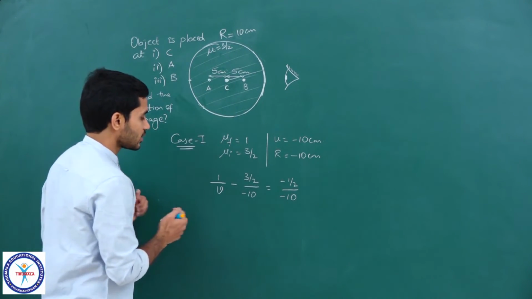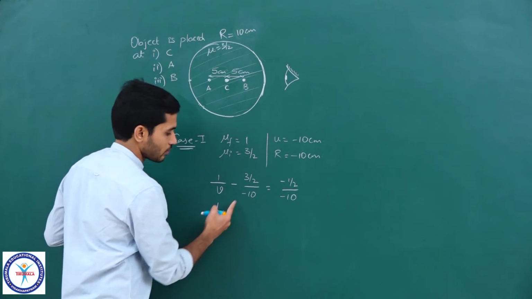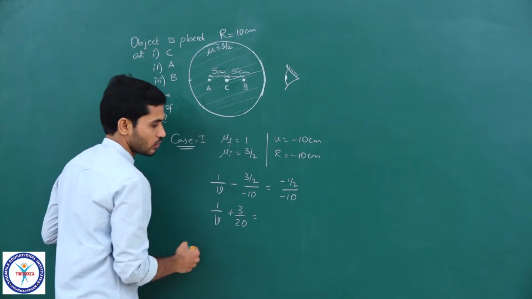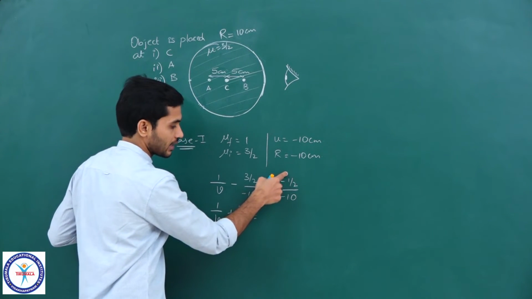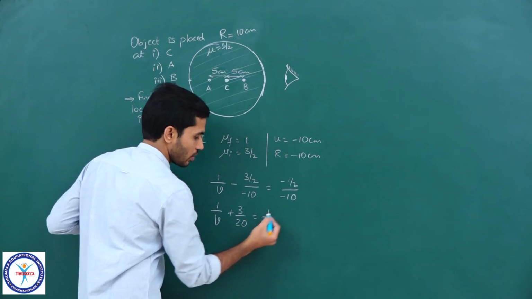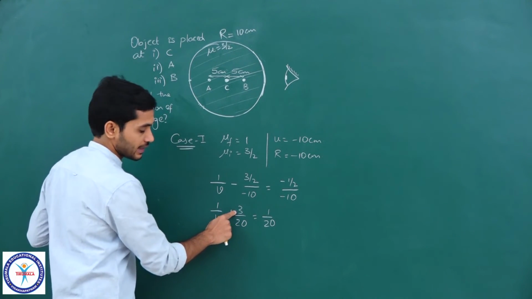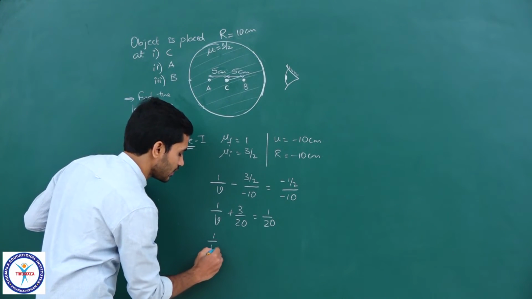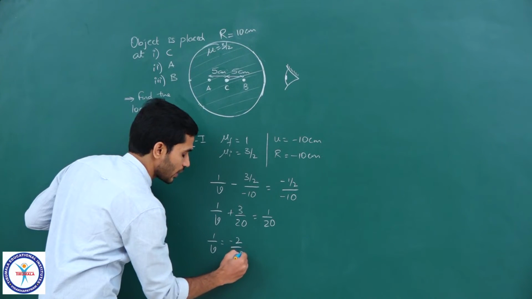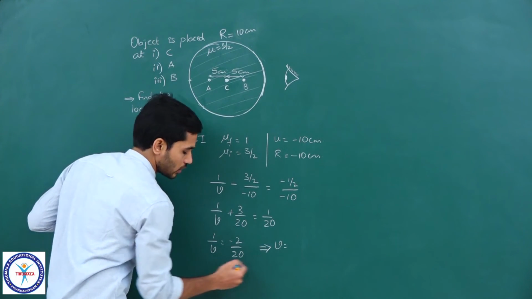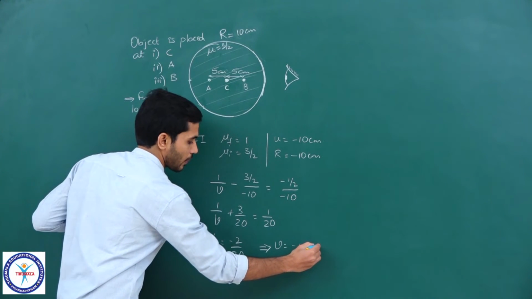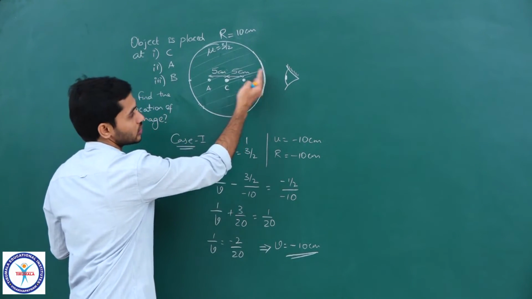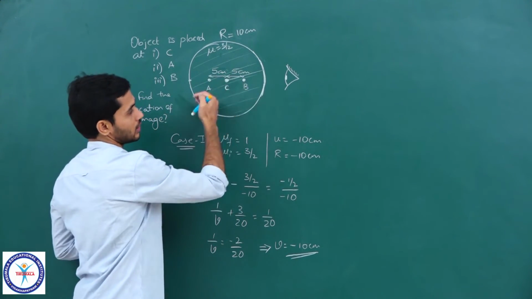Simplifying this, the minus signs cancel and I get 1 by v, minus 3/20, is equal to 1/20. Taking the 3/20 to the other side, I get 1 by v is equal to 1 minus 3/20, which is minus 2/20, which implies v is equal to minus 10 centimeters. So, what does minus 10 mean? Minus means that the image is formed on this side, correct. Light rays are travelling this way.